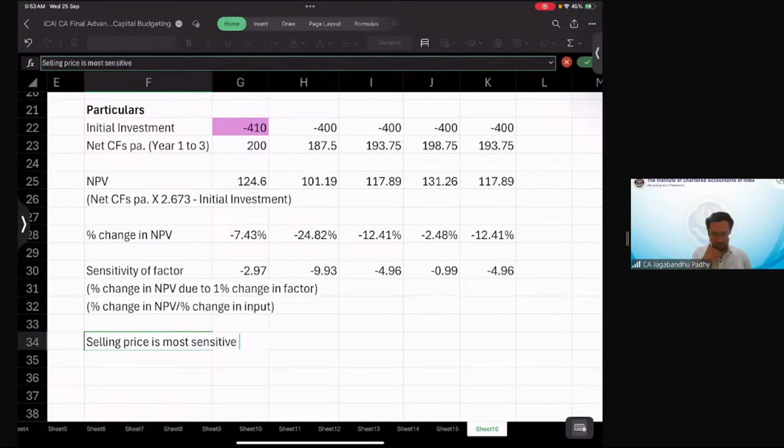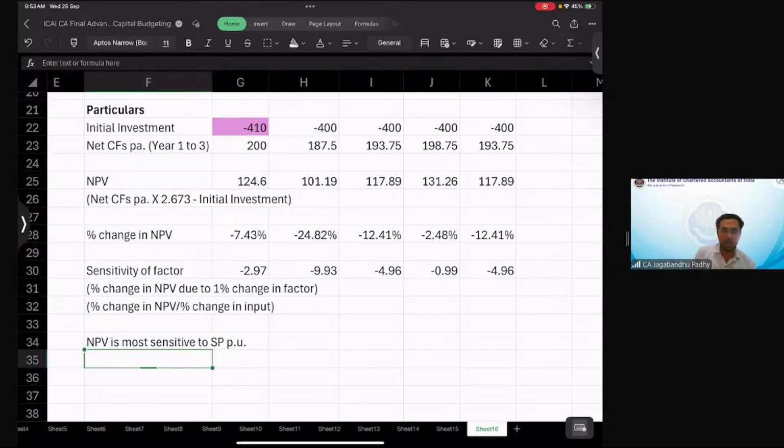But the correct way to write it is: NPV is most sensitive to selling price per unit.